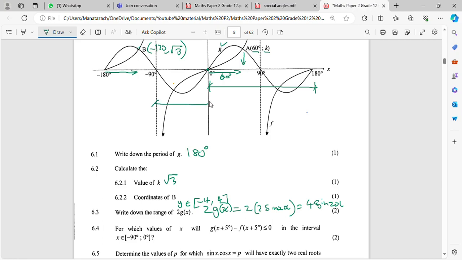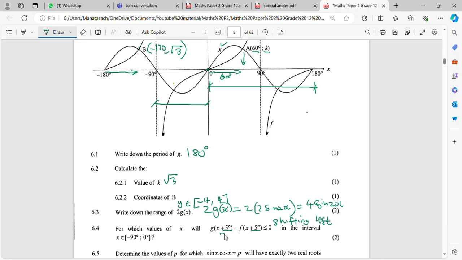This is the point of focus, minus 90 to 0. So let's just simplify it. So g of x plus 5 means the graph is shifting. Is it to the right or to the left? Yes, you got it. It's shifting to the left, even though it's positive.